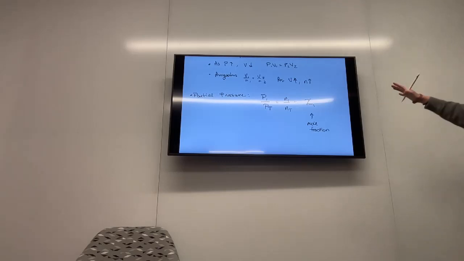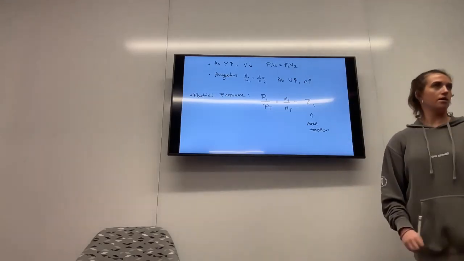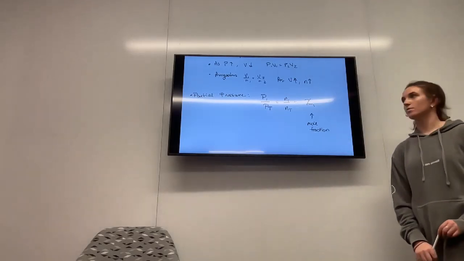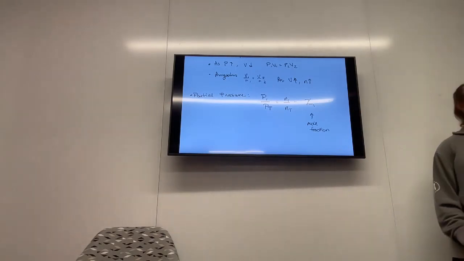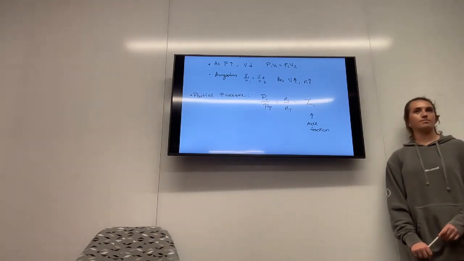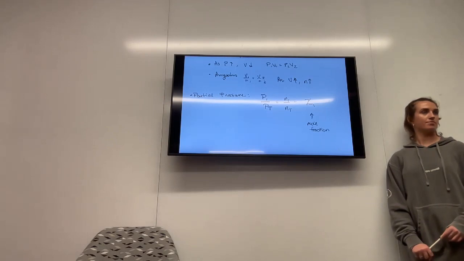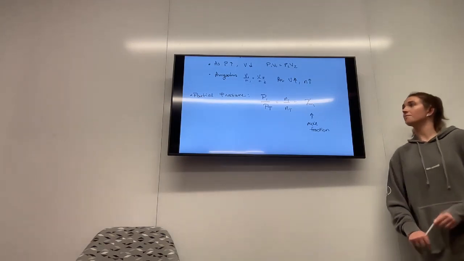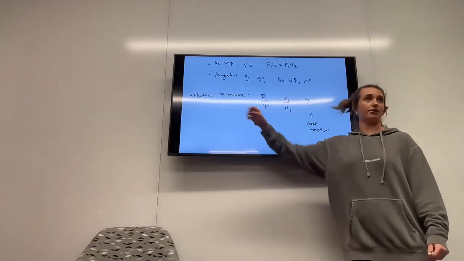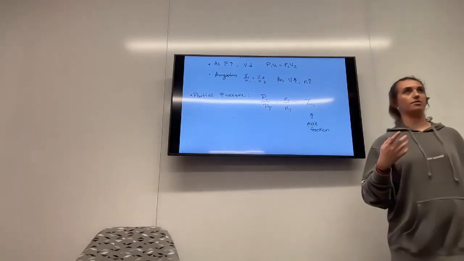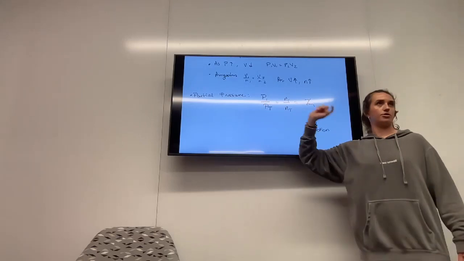Can anyone tell me what this partial pressure is telling you? What does this formula mean? Awesome. Yeah. So if you look at air, air is made up of a whole bunch of gases. So your total pressure is your air.